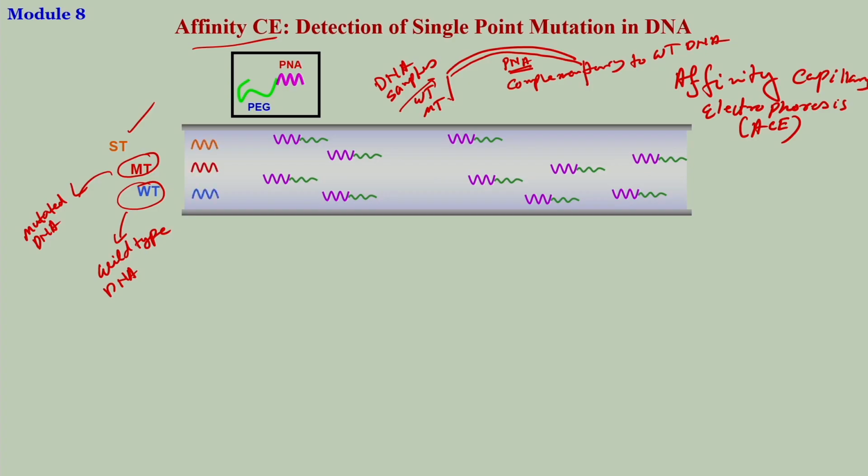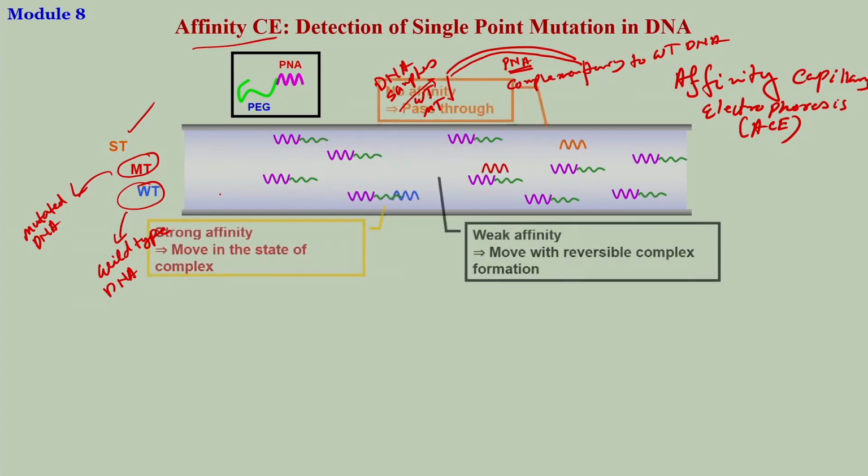So, these are this ST, mutant, and wild type. That is how they are moving.